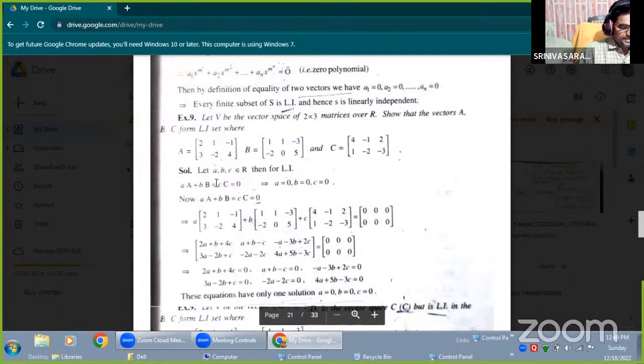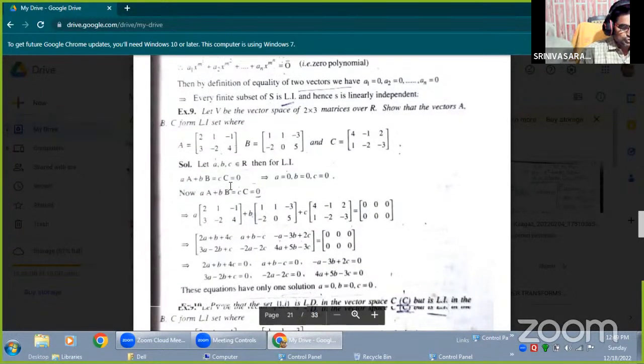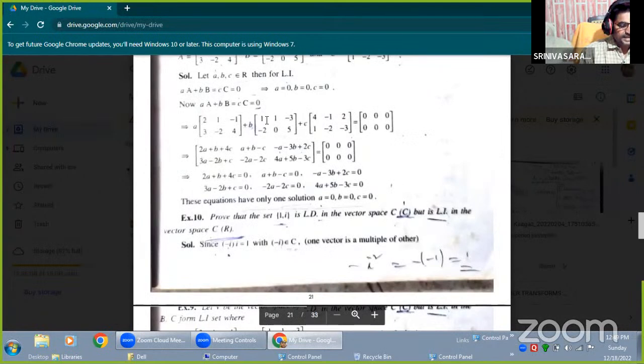When A, B, C are linearly independent, their scalars must be 0. We substitute those matrices, equating to the zero matrix of order 2 by 3. So the first element: 2a plus b plus 4c equal to 0. Second element: a plus b plus 2c equal to 0.